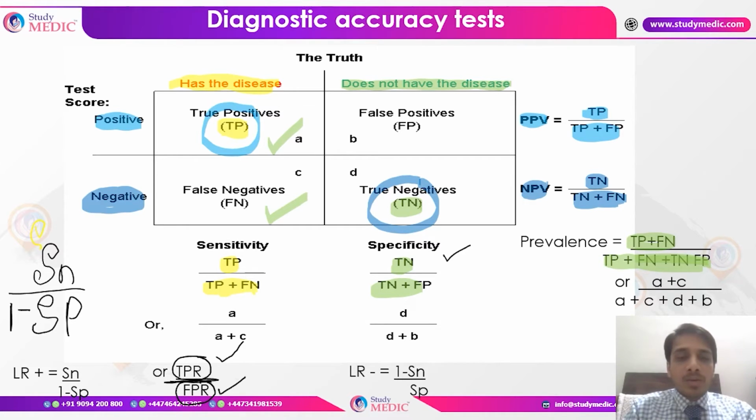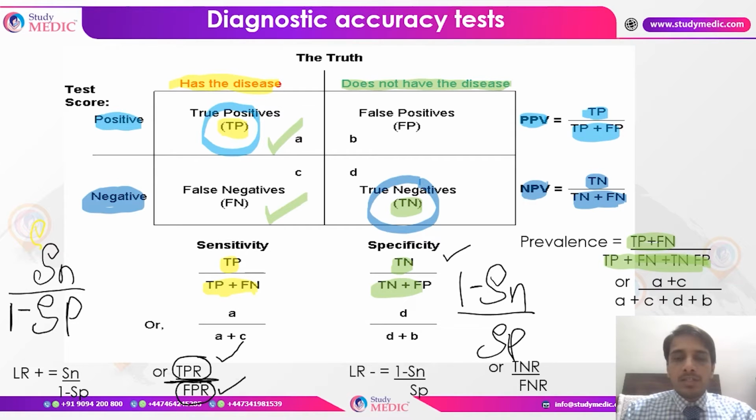What is negative likelihood ratio? Again, you write sensitivity by specificity. Instead, you do 1 minus sensitivity. This is negative likelihood ratio. Now, sensitivity is true positive rate, whereas 1 minus sensitivity is not true negative, it is false negative rate.